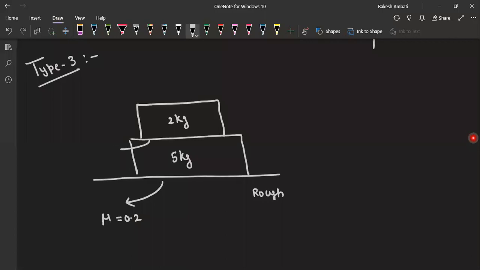And this also is a rough surface, mu equal to 0.5. And it is applied force F. So if this is the question, how to deal with it?